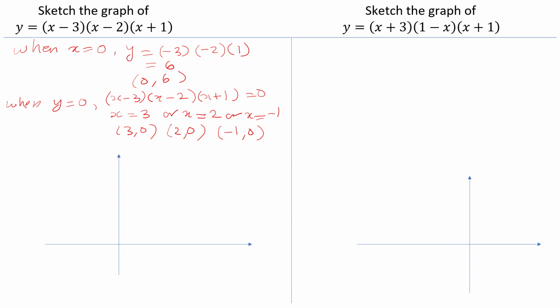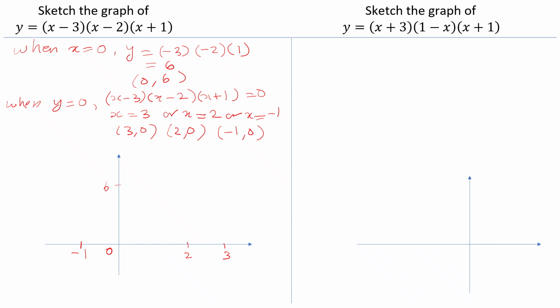So now mark the coordinates. (0, 6). Now (3, 0), here 3, here 2, minus 1. Now sketch the graph.